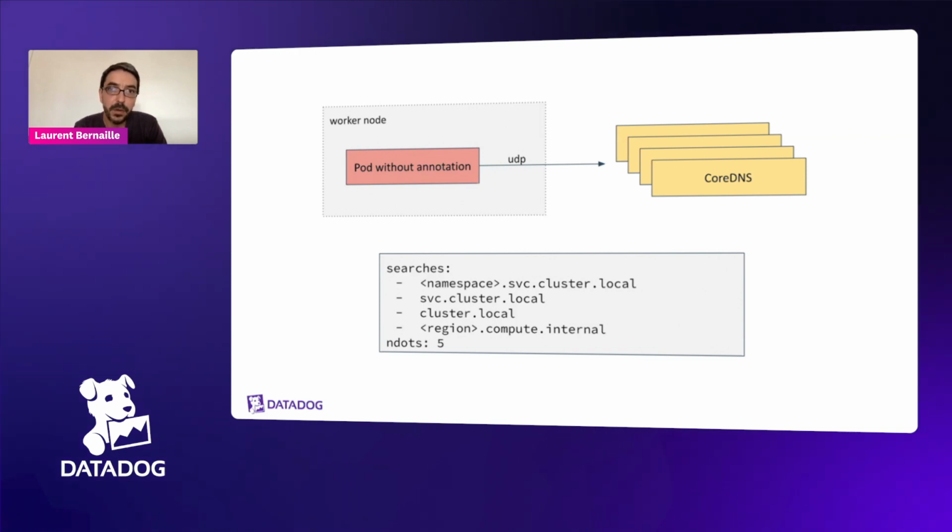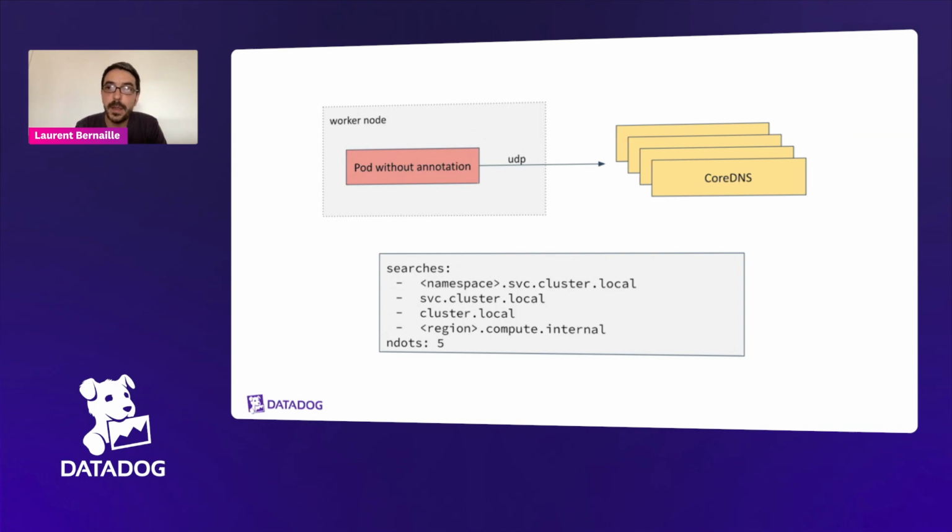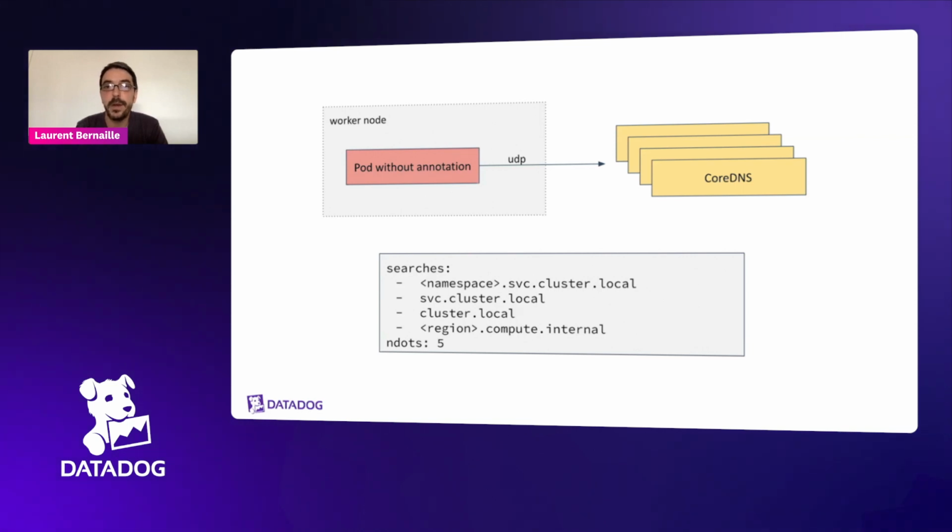What's important is to make things simple. In the cluster, you have a lot of different search domains. The first one will include the namespace, then you have only service.cluster.local, then just cluster.local, and finally the one provided by your cloud provider.